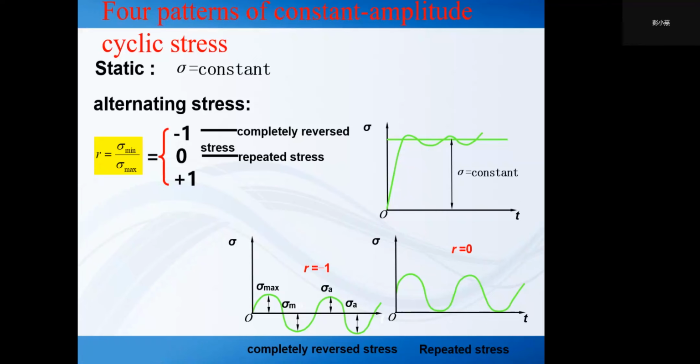At this time, the mean stress is equal to the stress amplitude, equal to half of the maximum stress. And the minimum stress is 0. So we call it repeated stress. When the stress ratio is 1, the stress is static stress.